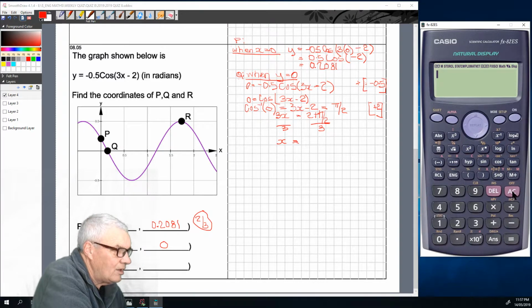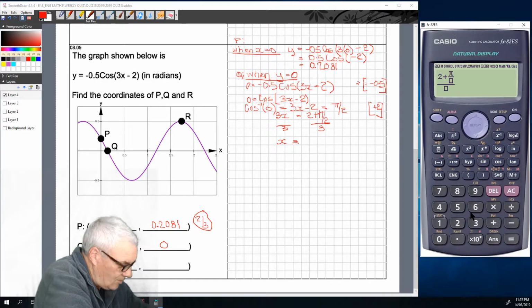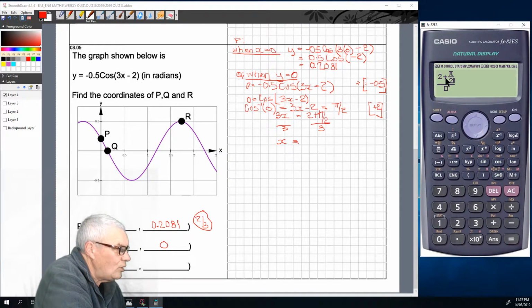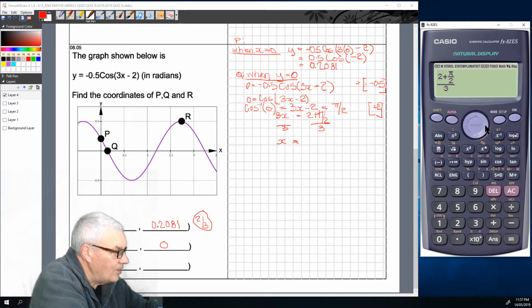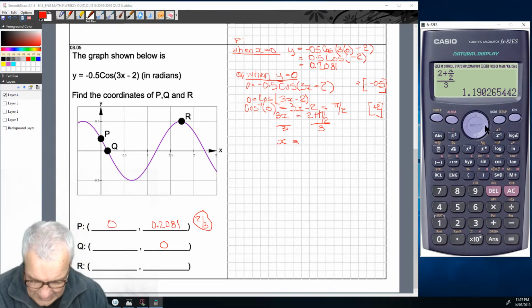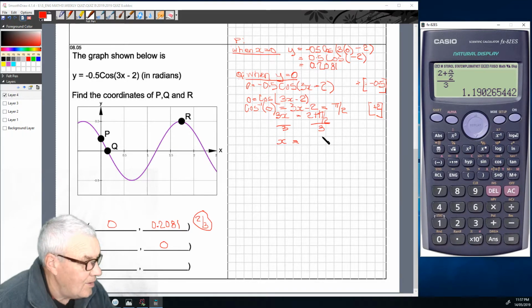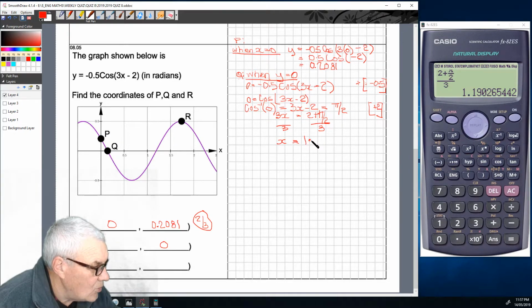Let's all clear. So x equals 2 plus pi by 2, all divided by 3. Equals 1.1903.